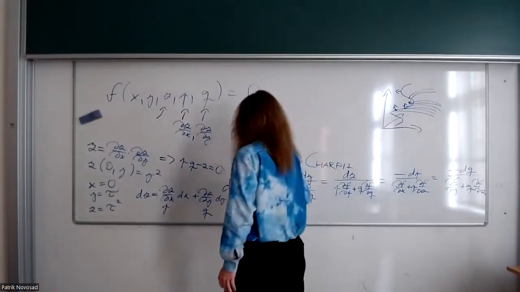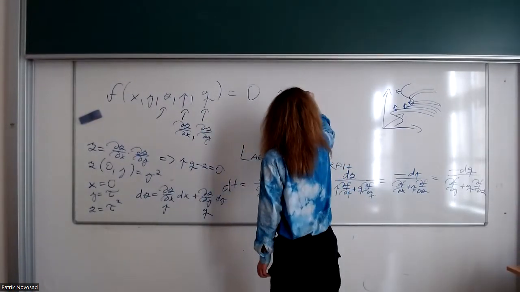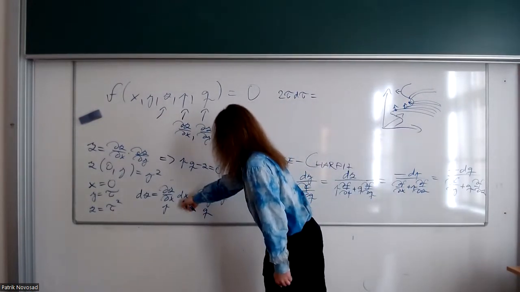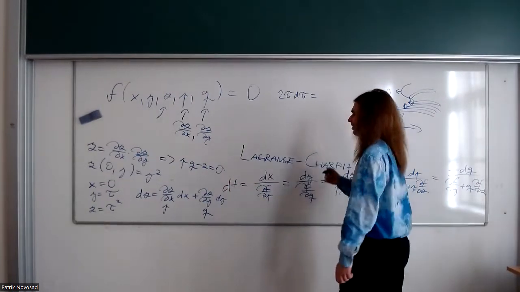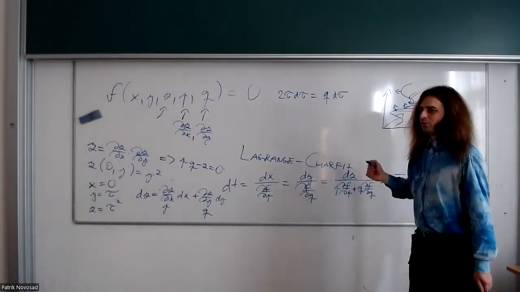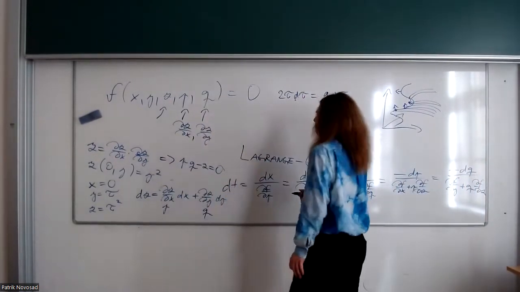So here, it would just be dz, which is 2 tau d tau, equals, here dx is 0 and dy is just d tau, so we have here d tau. From that, we can see that 2 tau is equal to q.